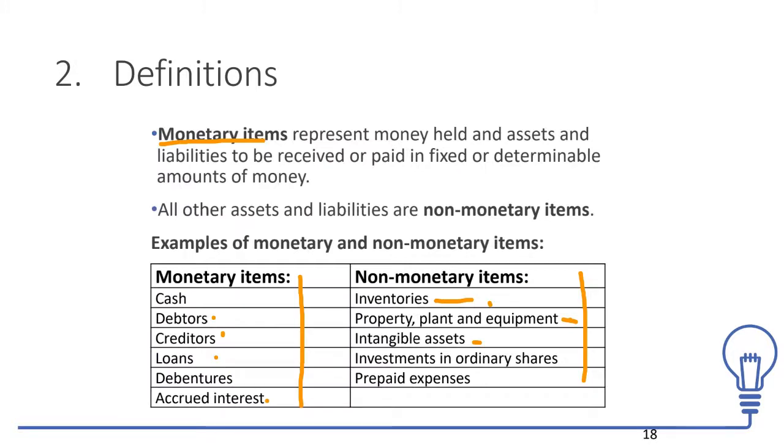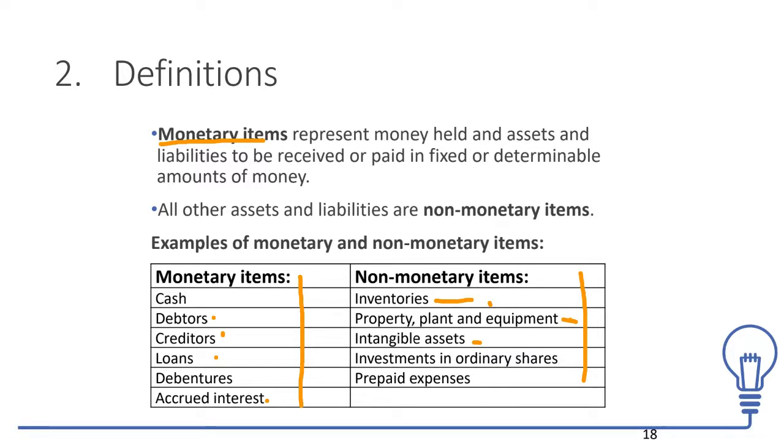So we're talking about this thing now called a monetary item. A monetary item. So what is a monetary item? A monetary item is, number 1, cash. Okay, that's easy, right? If it's cash, it's easy because we know what cash is.